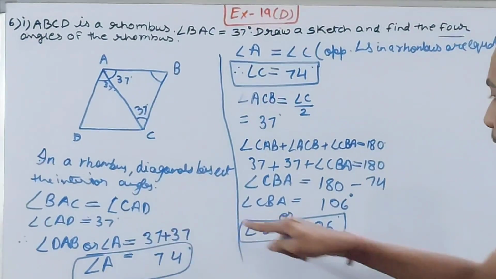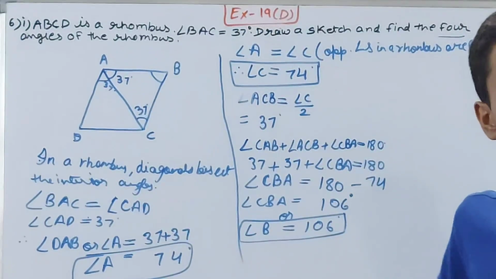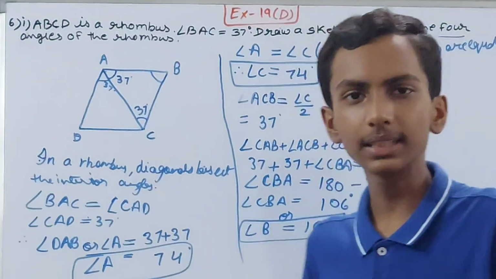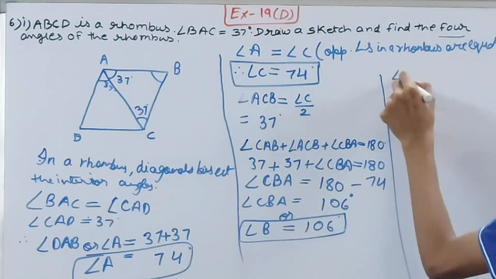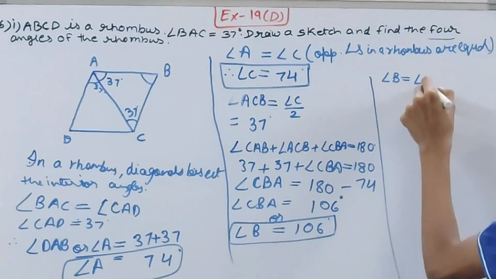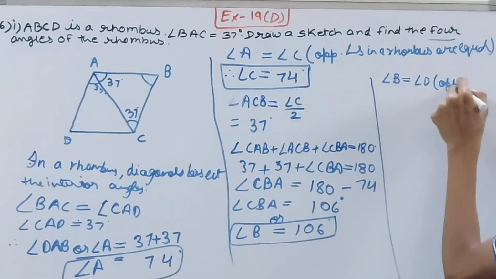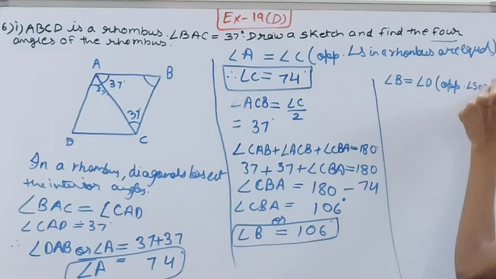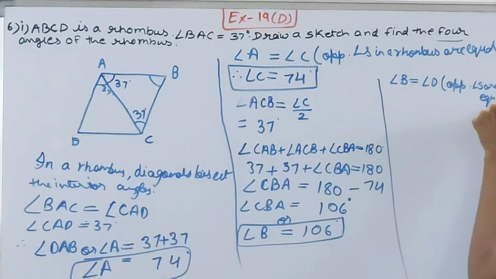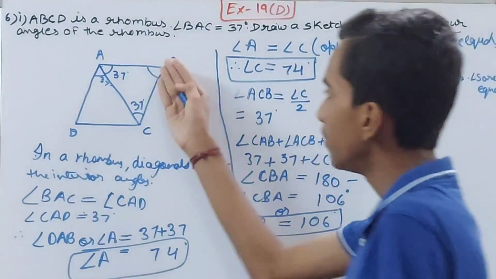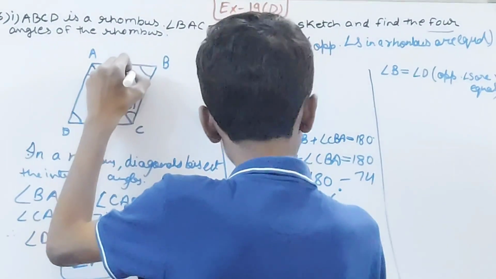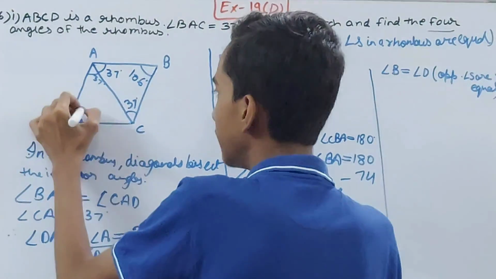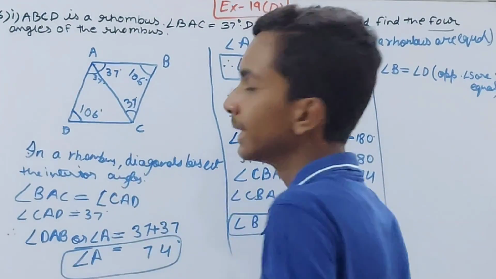So angle A, angle B and angle C, we now know the measure of three angles. So simple, very simple. Now you have to find angle D. Angle B will be equal to angle D because opposite angles are equal, as we are all aware. If angle B is 106 degrees, that means angle D will also be 106 degrees.